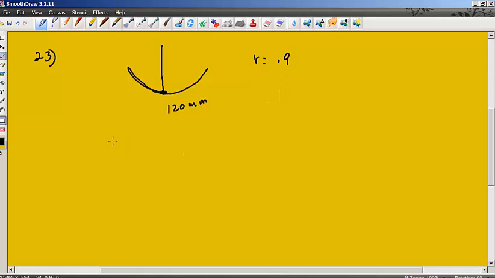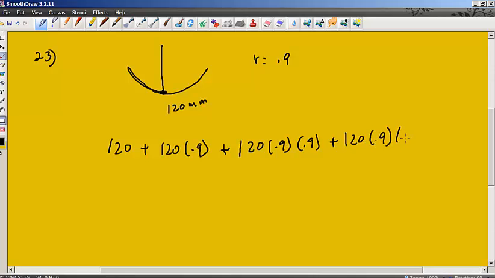So basically what I have is 120 plus 120 times 0.9 plus 120 times 0.9 times 0.9 plus 120 times 0.9 times 0.9 times 0.9, and then we're going to go on how far?